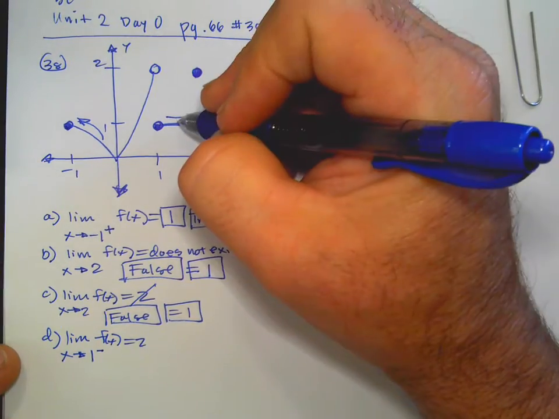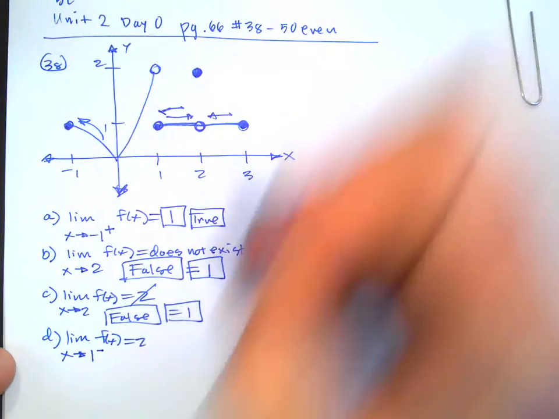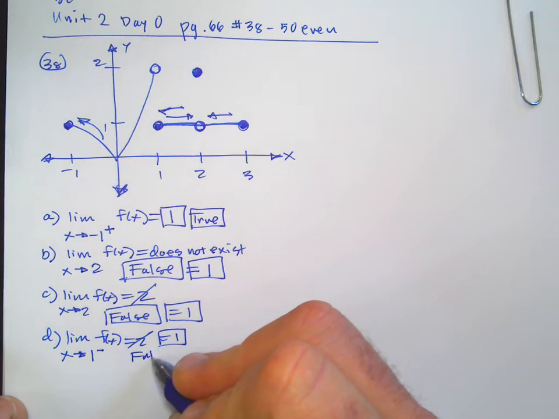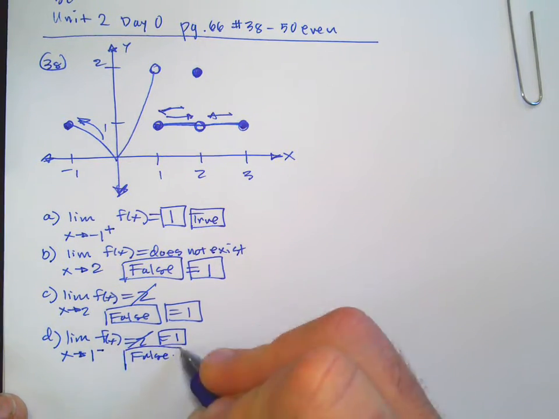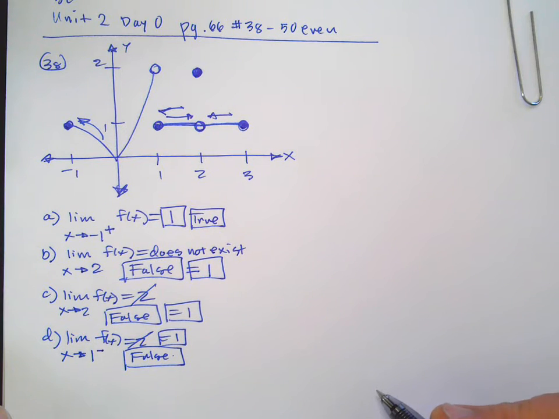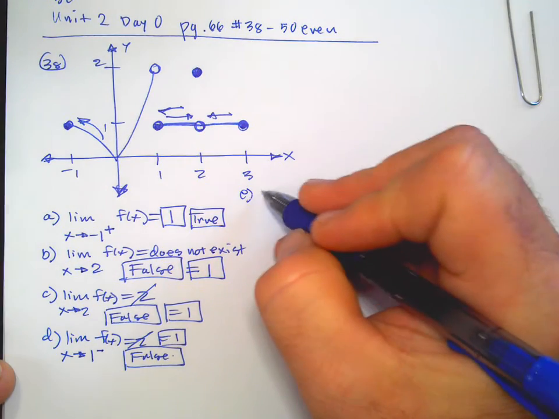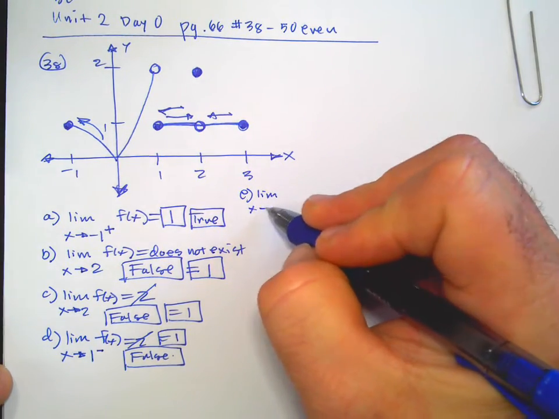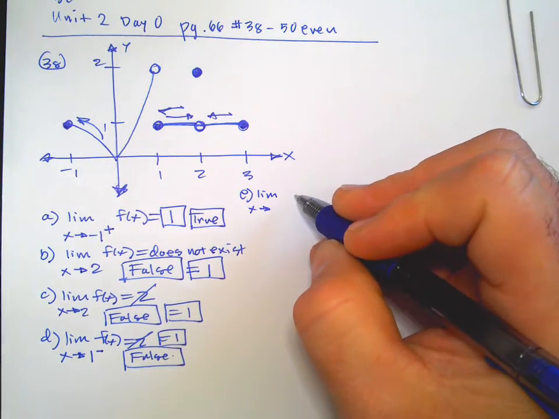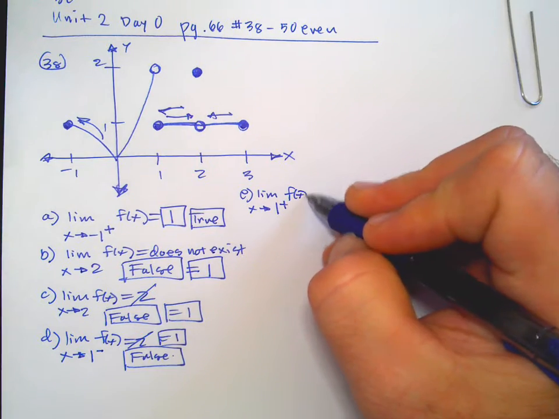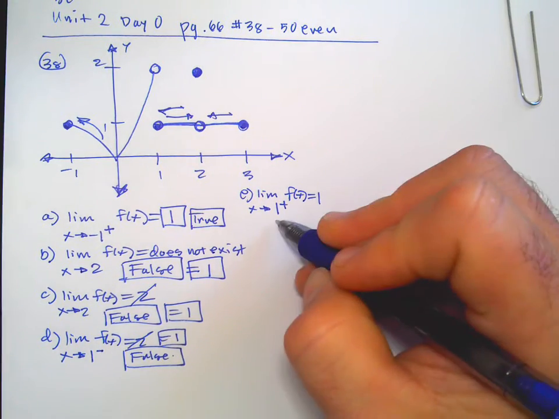From the right side, nope, it equals 1. False. All right. E is limit as x approaches 1 from the right side equals 1. Yes, that is true.